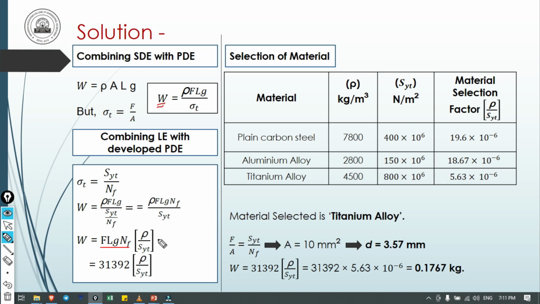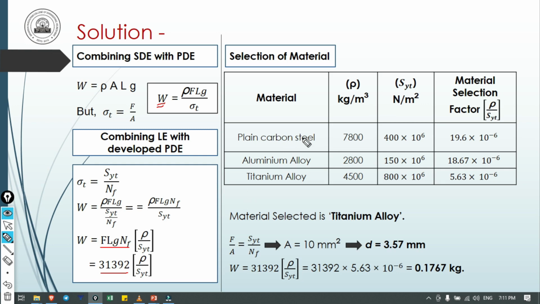Only variable parameter based on the material that we have to choose is rho by SYT, since rho is density of the material which is going to change if we change the material, and yield strength is going to change. Now if we substitute all the known values, we will get this constant value as 31392 into this rho by SYT, which will be our material selection factor.